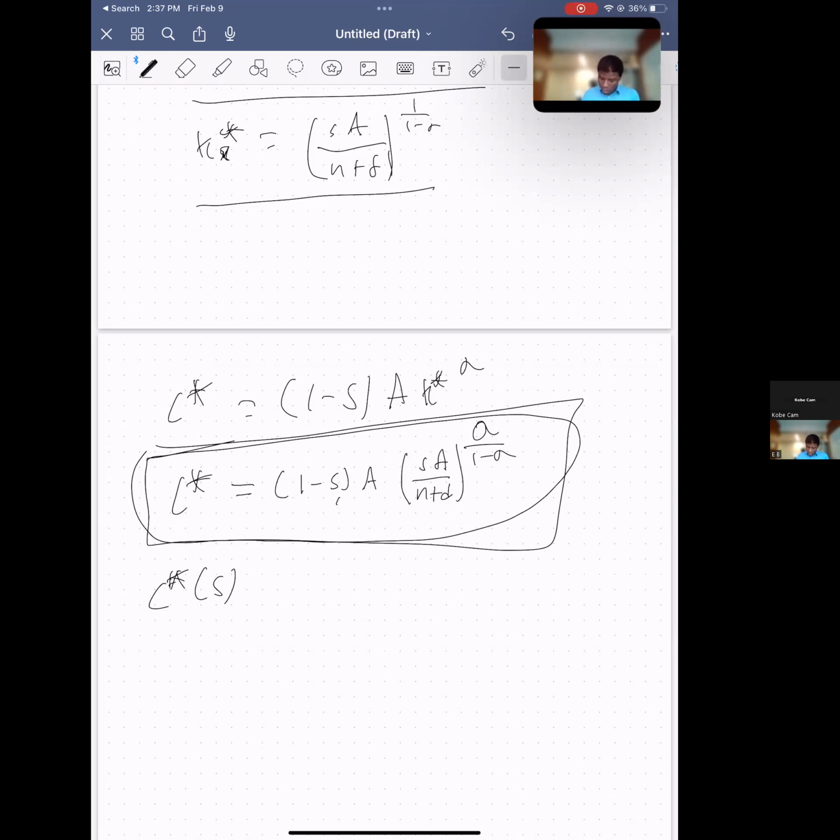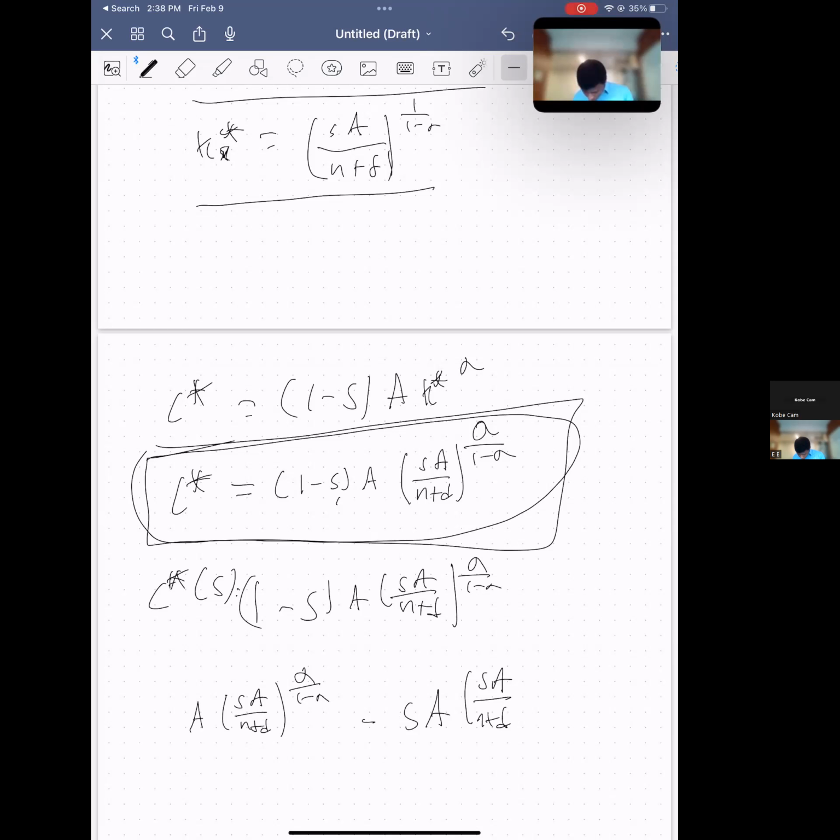So first, let's break this up a little bit. The expression (1 minus S) times (S over (n plus d)) to the a over 1 minus a is the exact same thing as a times (S over (n plus d)) to the a over 1 minus a, minus S times (S over (n plus d)) to the a over 1 minus a.